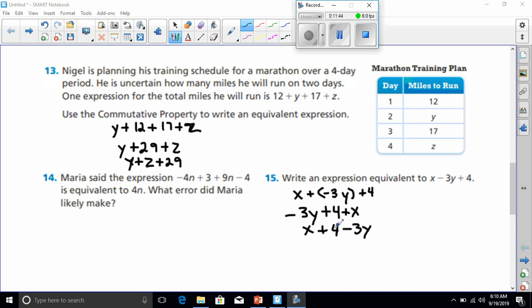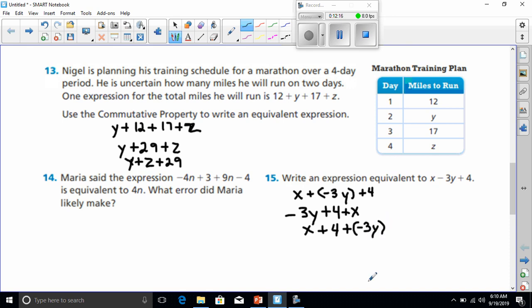So in this last one here, to make sure that we are only using addition, remember our commutative property means addition, I'm going to change this to show that I'm adding a negative 3y.